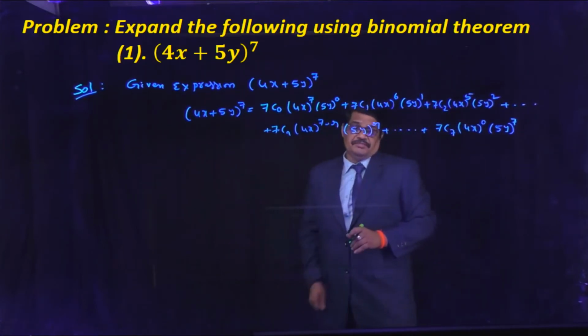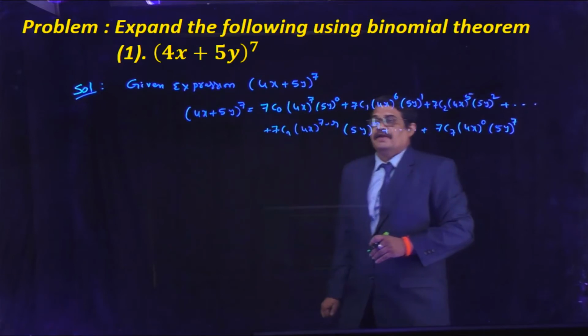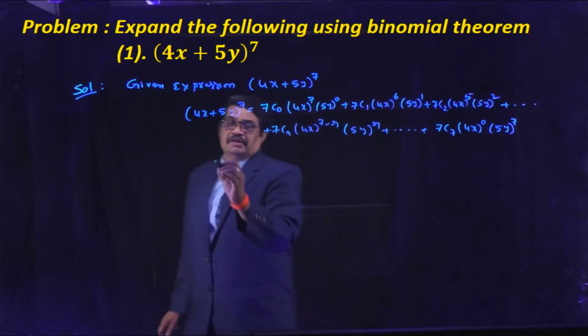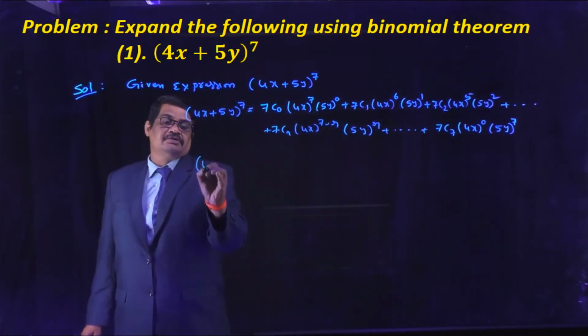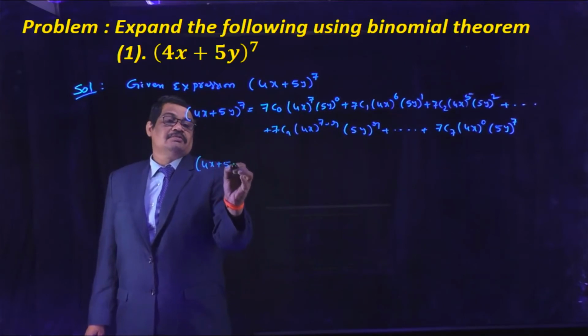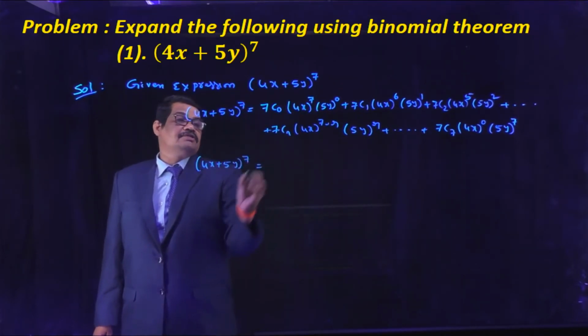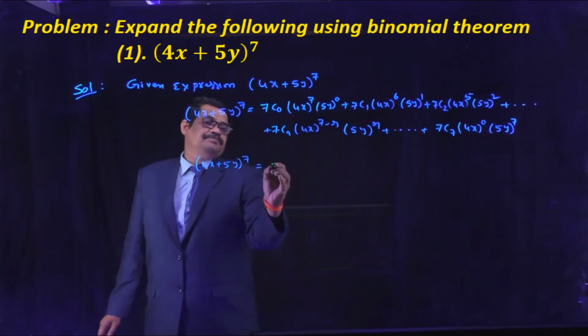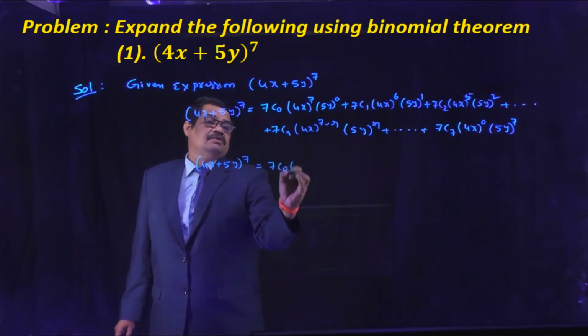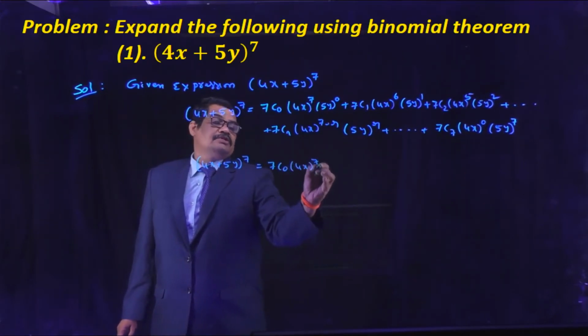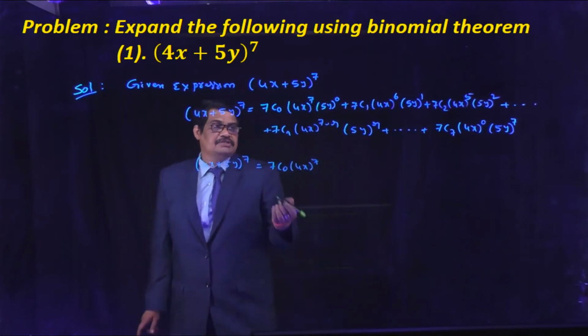So this is the expansion. Okay, now we write another step: 4x plus 5y whole power 7 is equal to 7 C naught, 4x whole power 7, 5y whole power 0, which is 1.